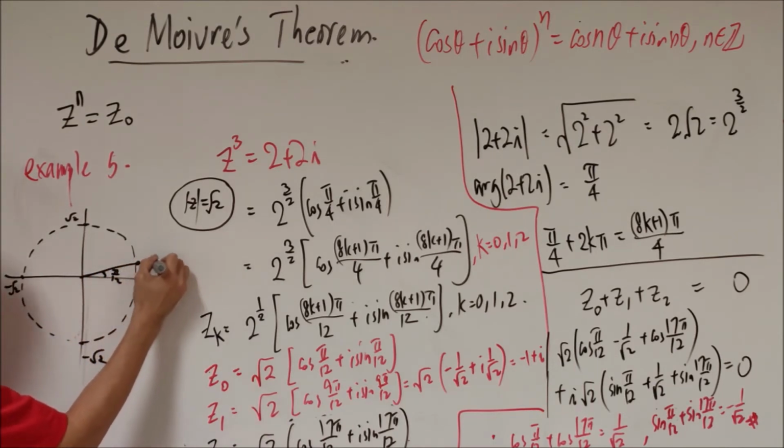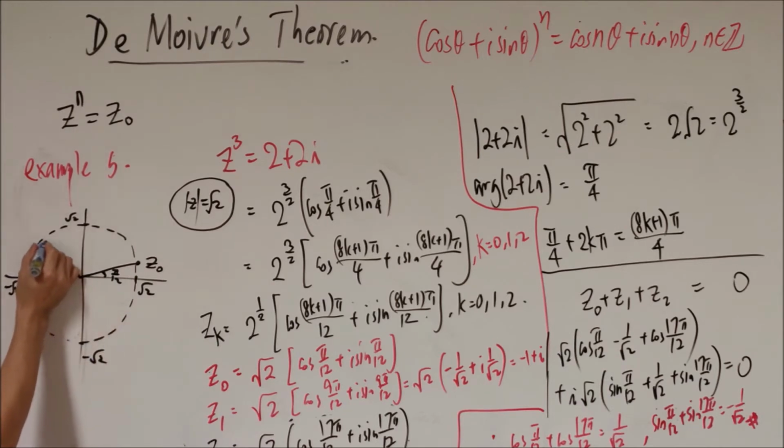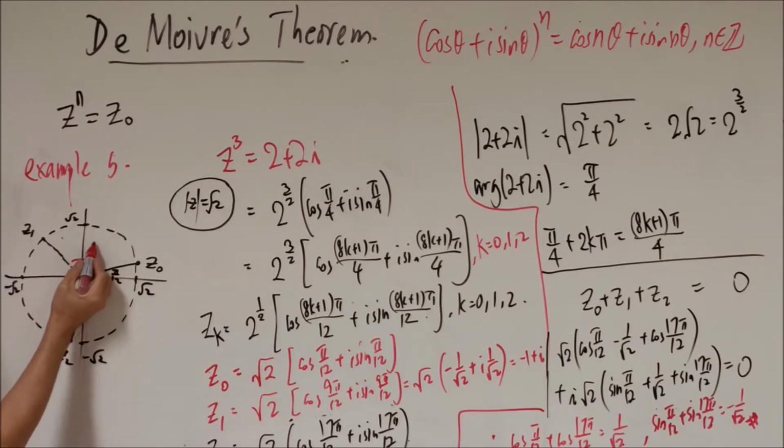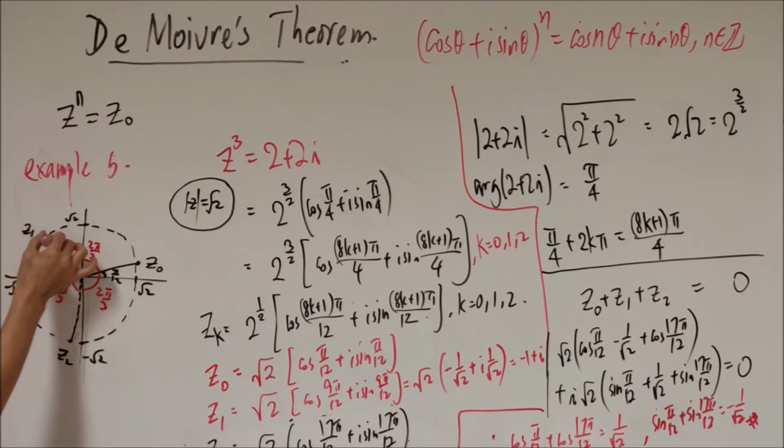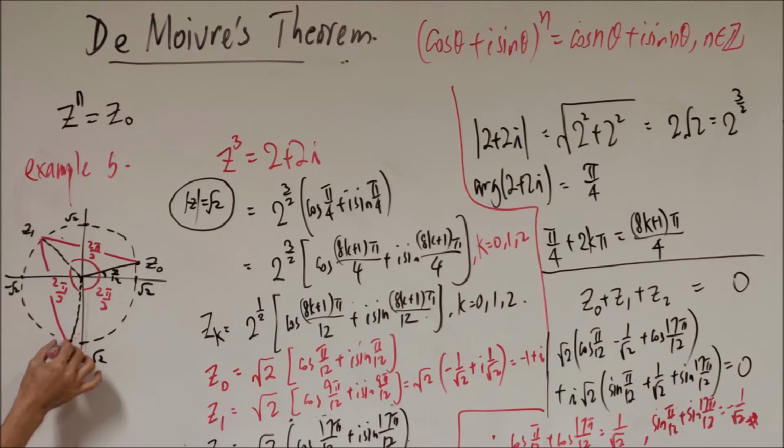So this is Z0. This will be somewhere here. This is Z1. And the last one will be here. So the angle between each of them will be 2 pi over 3 again. When you join Z0, Z1 and Z2, you will see that it is still an equilateral triangle.